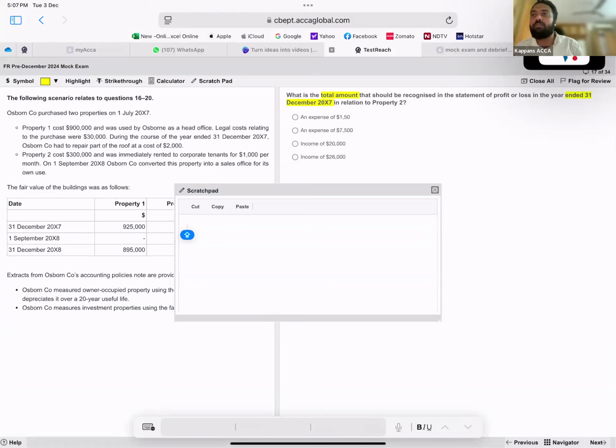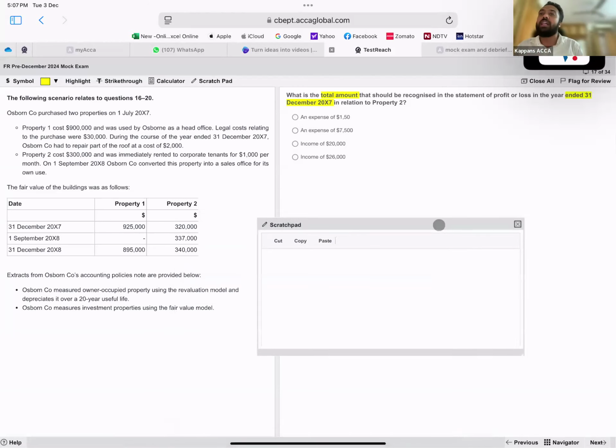The year end is very important: 31st December X7 means the year begins on 1st January X7 and ends on 31st December X7. So what happened to property 2 in that period?